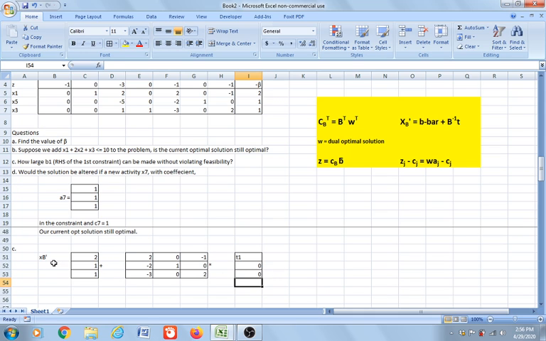When you do the operation over here, you will get 2 plus 2T1, and then 1 minus 2T1, and then 1 minus 3T1.